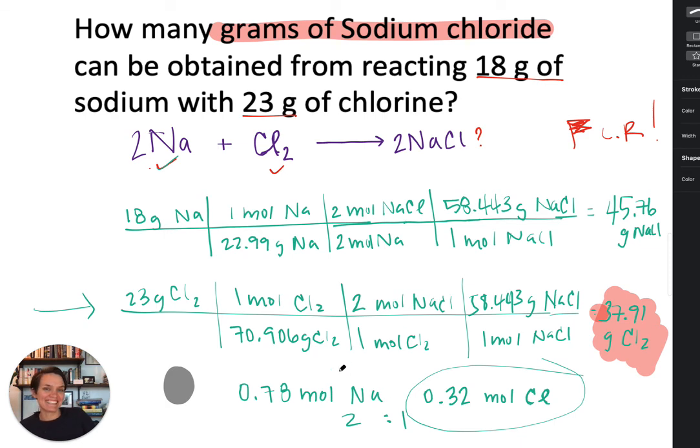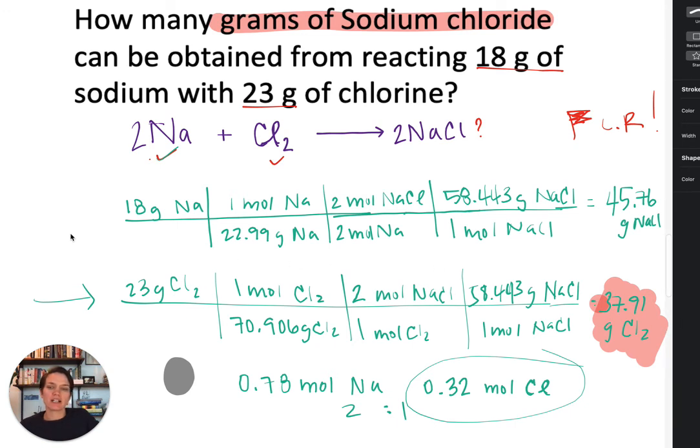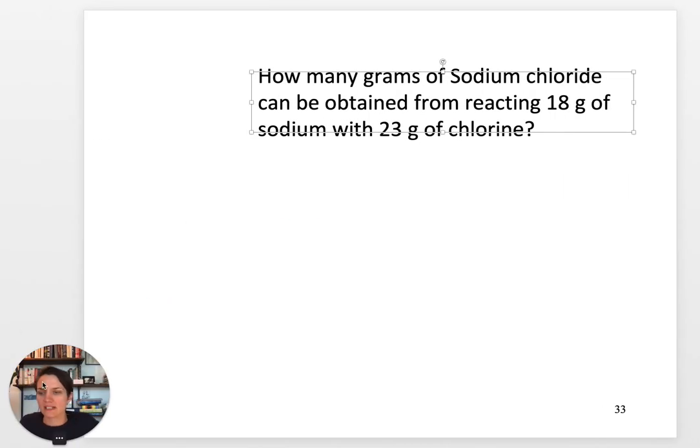But this is more fun, right, because then you're looking at relationships. We like that. Okay, so we have 37.91 grams of NaCl. I'm going to write that down so I don't forget. 37.91. I would remember that, but just in case. Okay, that's our grams of sodium chloride that we produce. The reason I want to write that down is it's going to become relevant in our next slide.